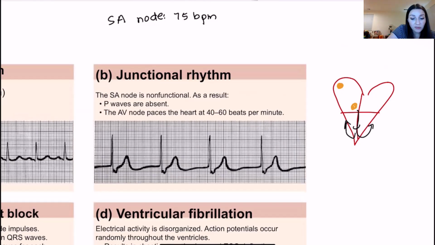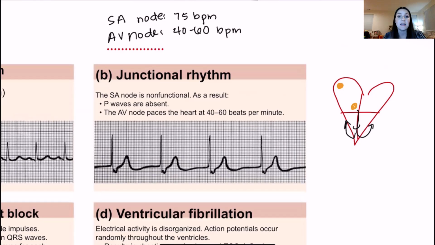If the AV node was only in charge, we'd be a little bit slower. The AV node, we would sit happy at like 40 to 60 beats per minute. So those are really big differences. That makes a really big difference in transport throughout the body for your blood, right? Okay, so that's junctional rhythm if your SA node doesn't work.